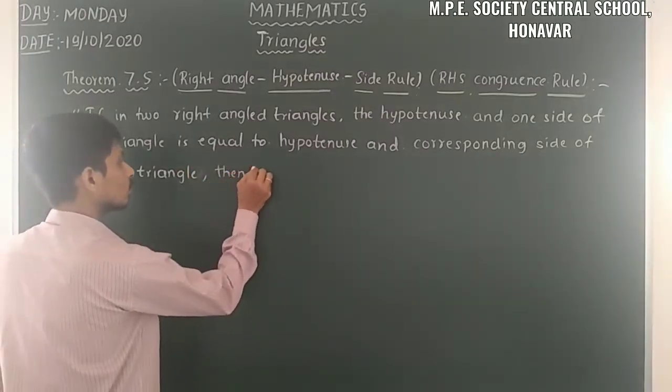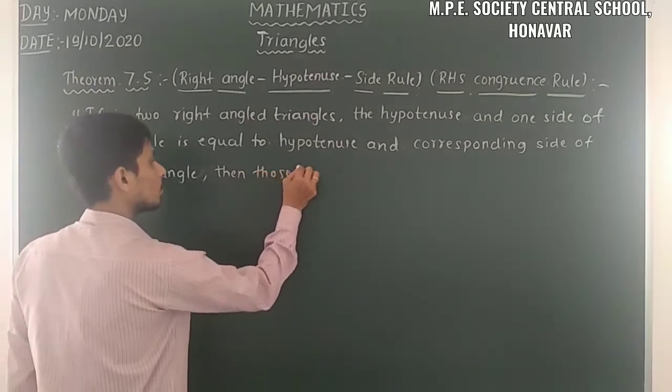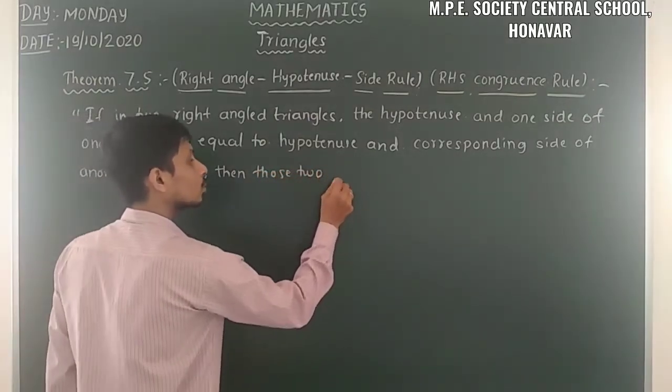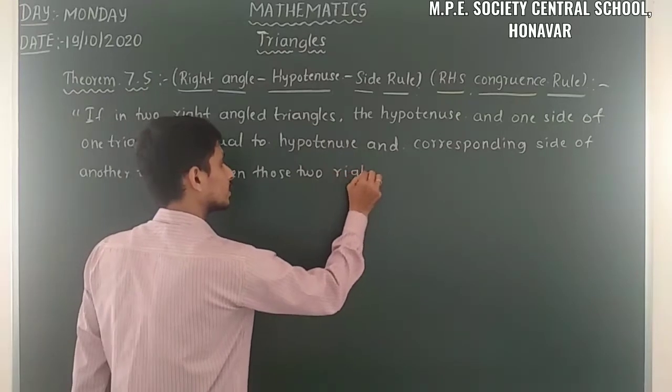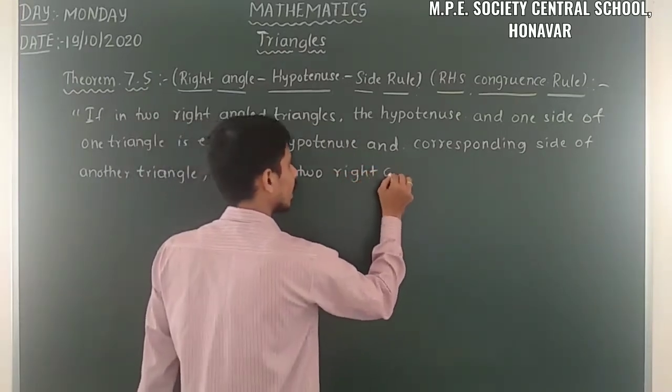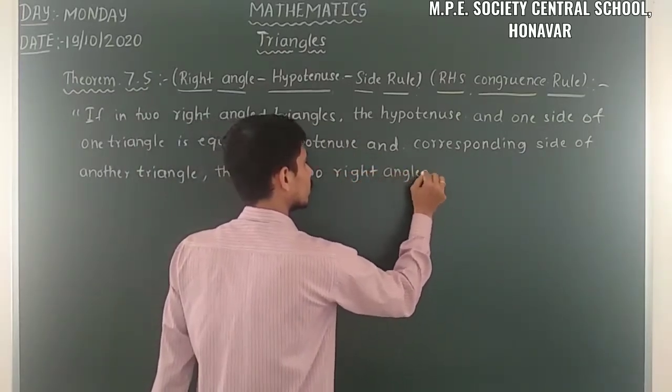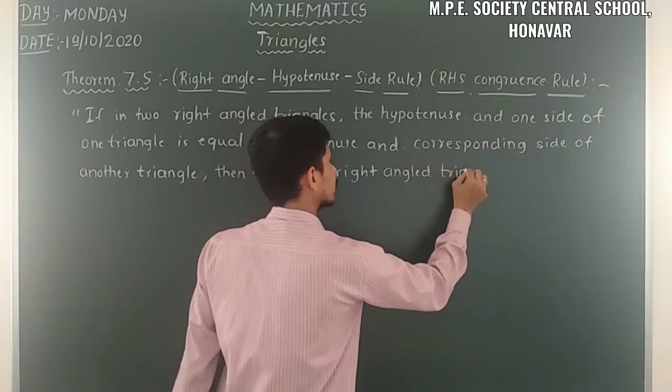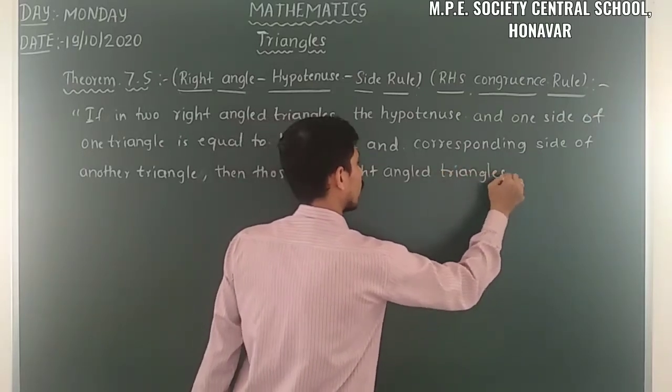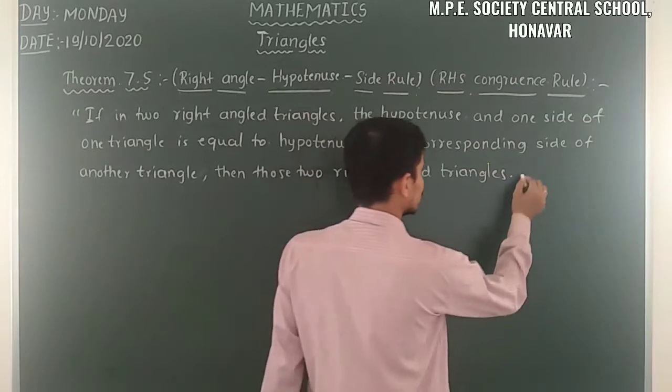Then those two right angle triangles are congruent.